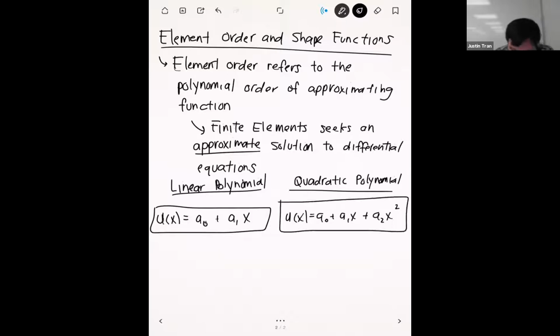Whereas the quadratic form will have three terms: a0 plus a1x plus a2x squared.